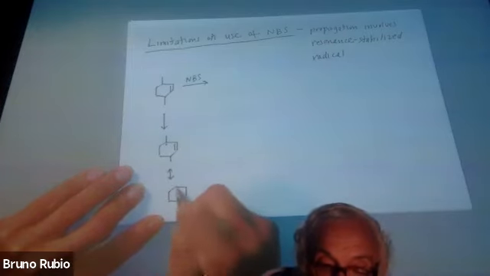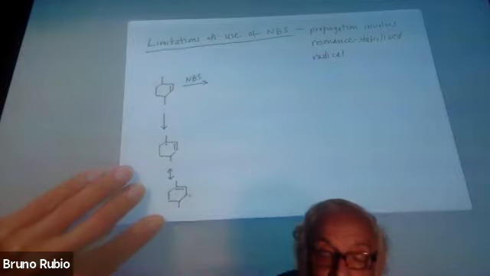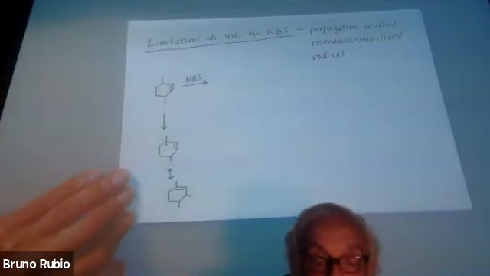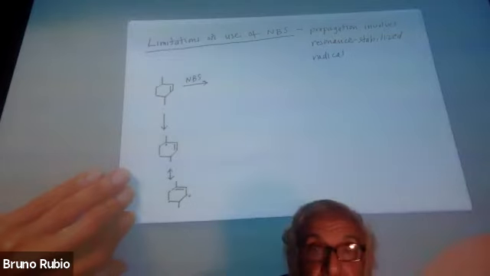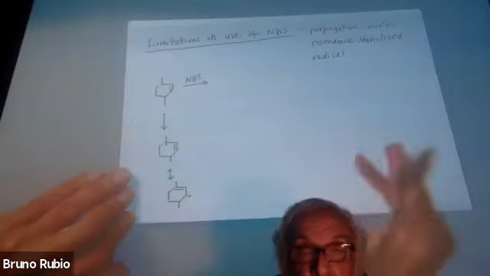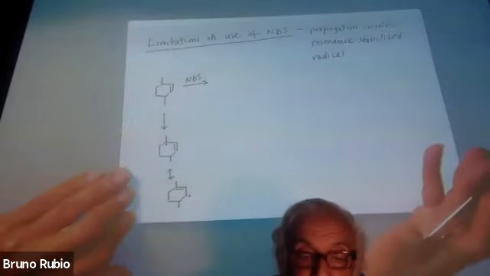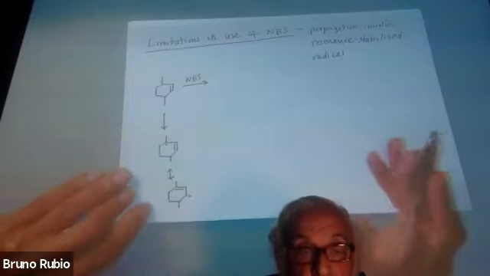in which I can move the double bond up here and put the radical dot there. See, this is an allylic radical, this is an allylic radical, but the actual structure of the radical is a composite of its two resonance structures.